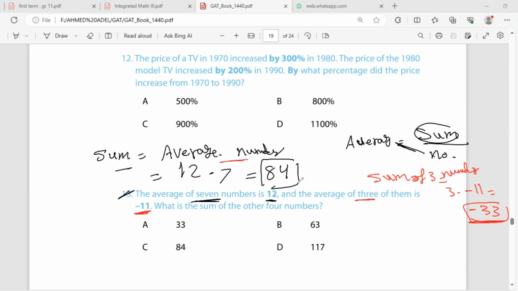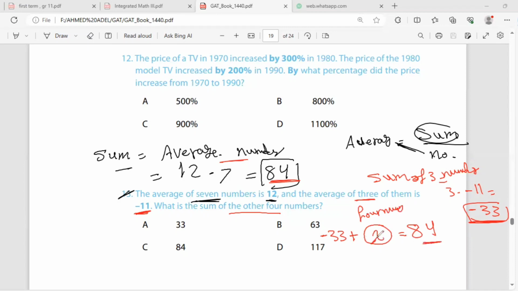How do we find the sum of the other 4 numbers? I have the total sum of 7 numbers, 84, and the sum of 3 numbers is negative 33. Negative 33 plus the sum of 4 numbers equals 84, the total.